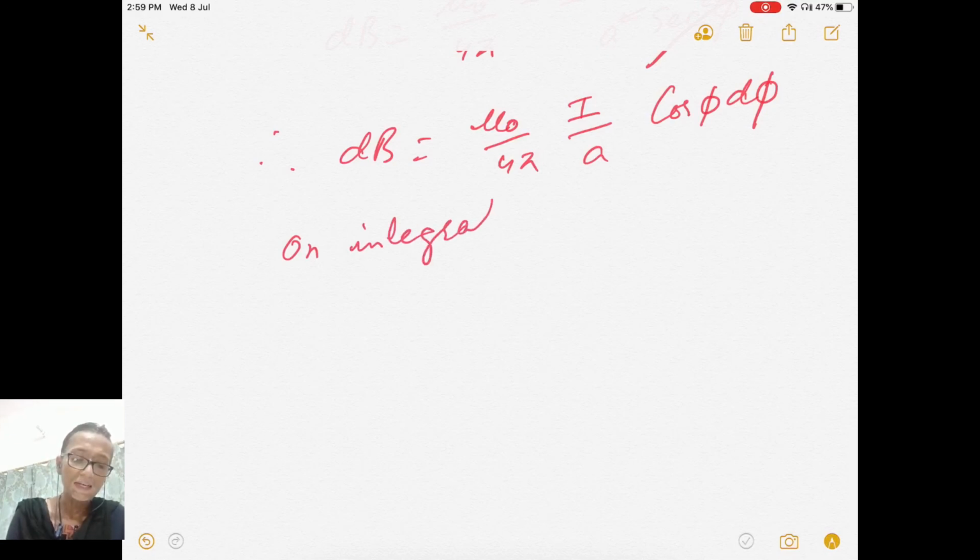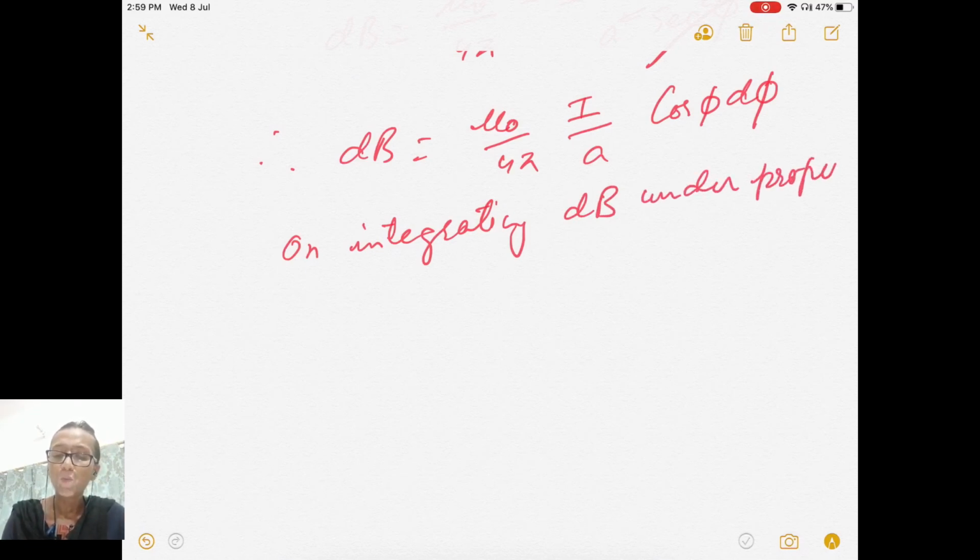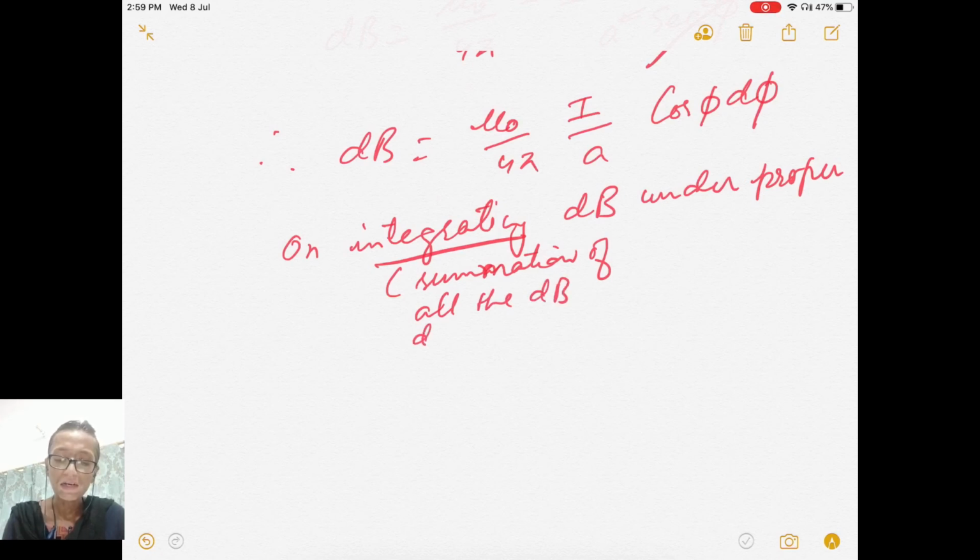On integrating dB under proper limits, integrating means adding the summation of all the dB due to all the current elements.